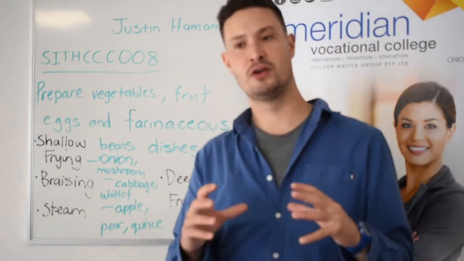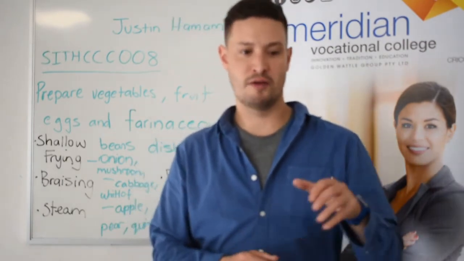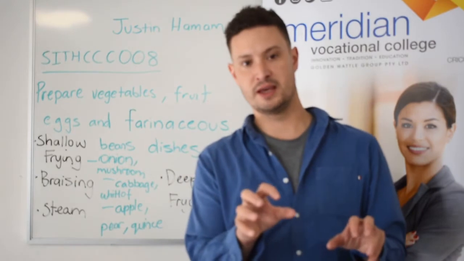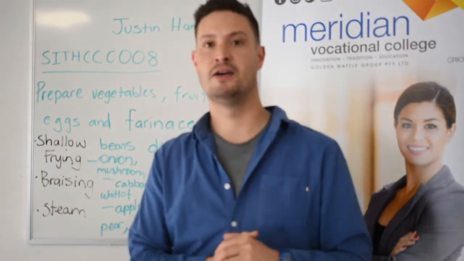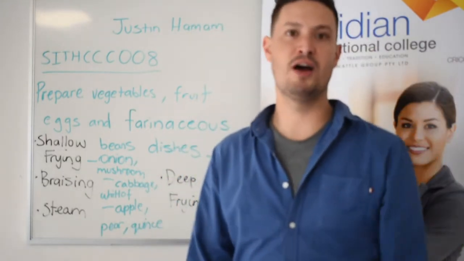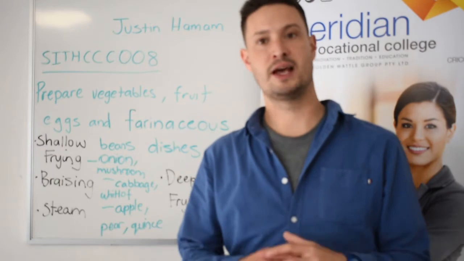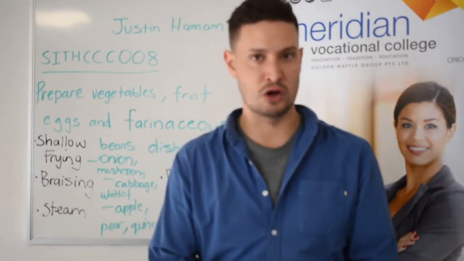Often we have to set up the crumbing station, and then we go from the flour, from the egg wash into some breadcrumbs, and then we deep fry. Remember, when we're deep frying, a lot of people think, deep fry, this is not healthy. That's because the temperature of the oil is too low.